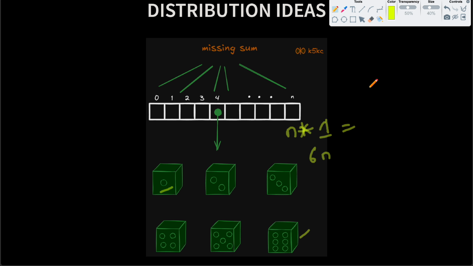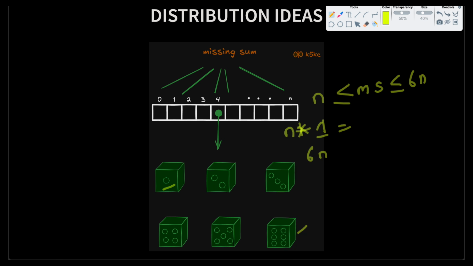So first thing is our missing sum should be less than or equal to 6n and greater than or equal to n. For example, if our missing sum was 19 and the number of observations is 3, then we cannot distribute this missing sum at all, because two values can be 6, but then the last value would be 7. So this is not at all possible.